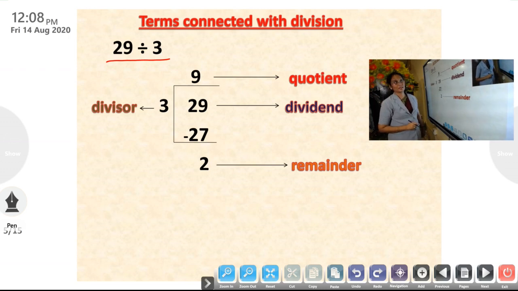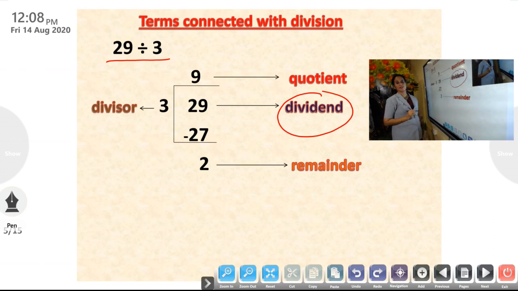This 3 is the divisor, that is the number by which we divide is called the divisor. The number that is to be divided is called the dividend. So which is the dividend here? This 29 is the dividend, and 3 is the divisor.